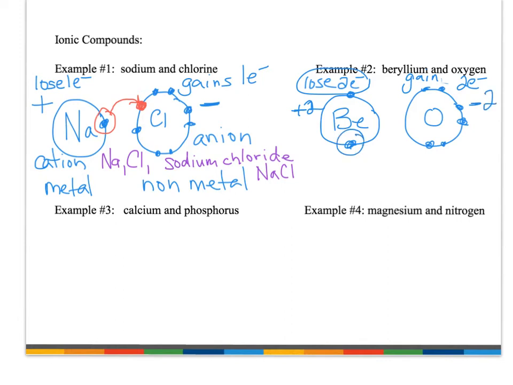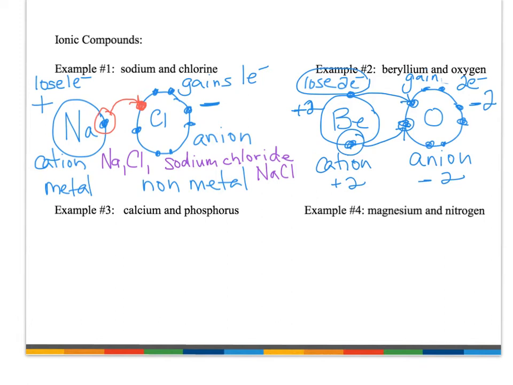So beryllium loses its 2 electrons to oxygen, and oxygen gains 2 electrons. So beryllium is going to be our cation, meaning it's now positive, and it has a charge of +2, again because it loses its negative electrons. Oxygen is the anion because it has a charge of -2 from gaining those 2 negative electrons.